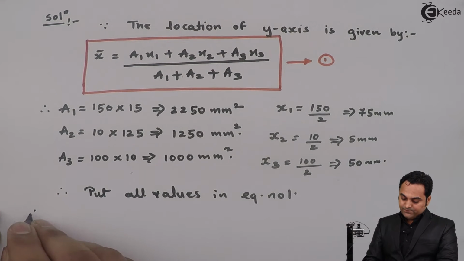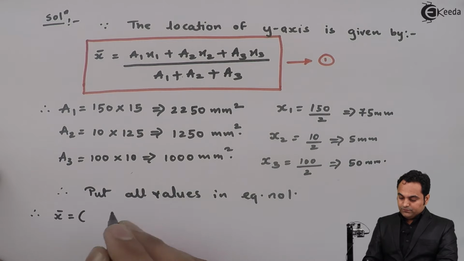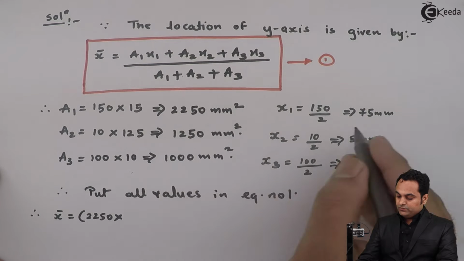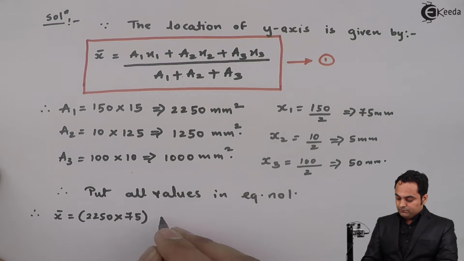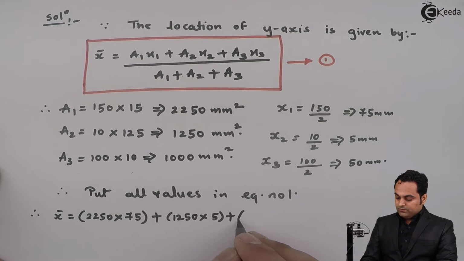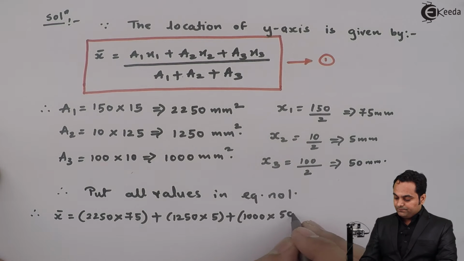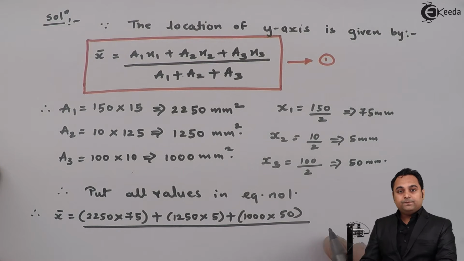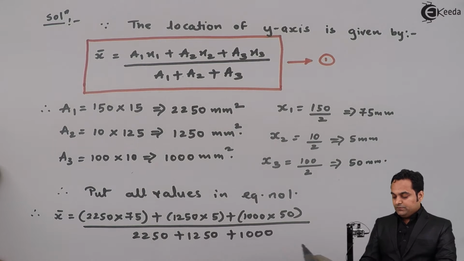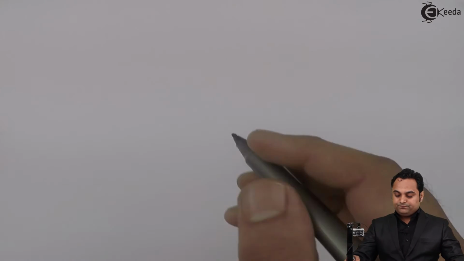So here we have x bar is equal to a1 into x1, that is 2250, into x1 is 75, plus a2 is 1250, into x2 is 5, plus a3 is 1000, into x3 is 50, divided by a1 is 2250, plus a2 is 1250, a3 is 1000, so I am getting x bar.